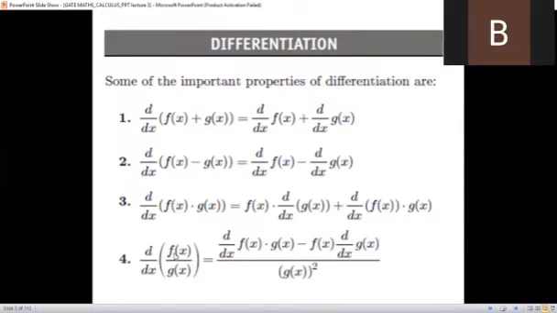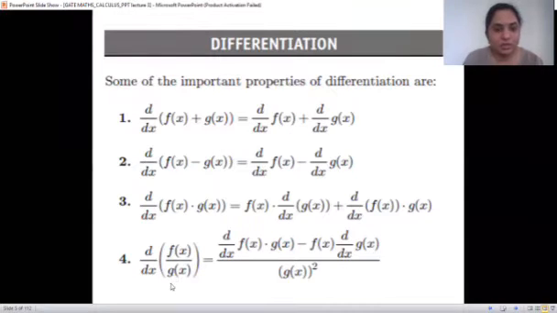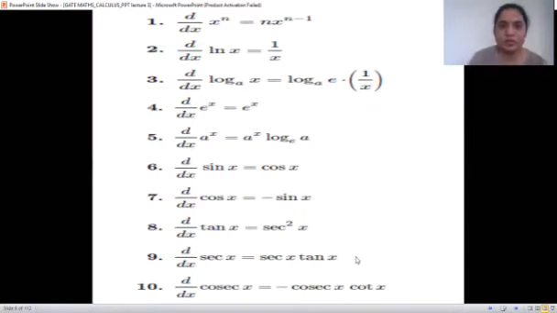Next is derivative of f of x by g of x, that is u by v: v into derivative of u minus u into derivative of v, upon v square.